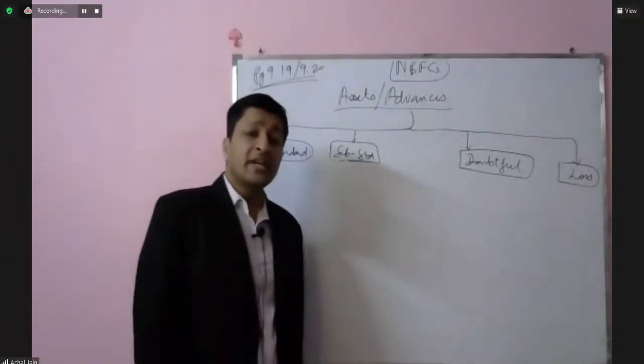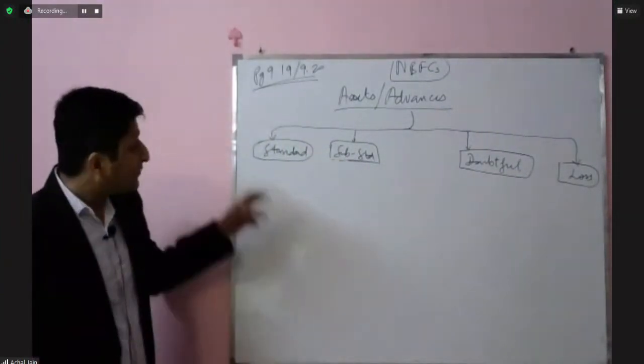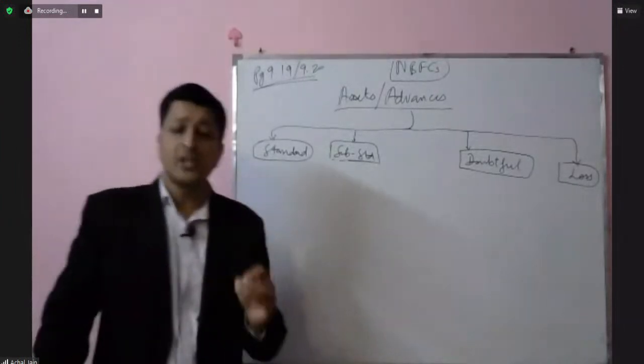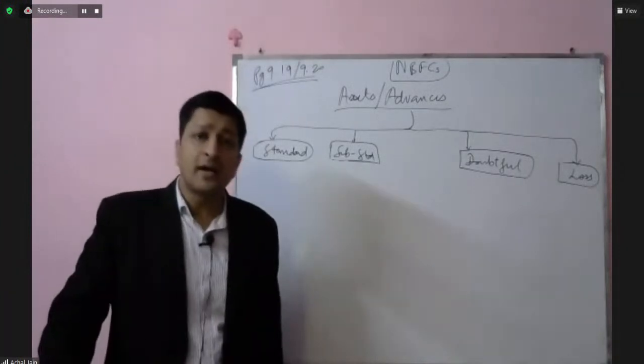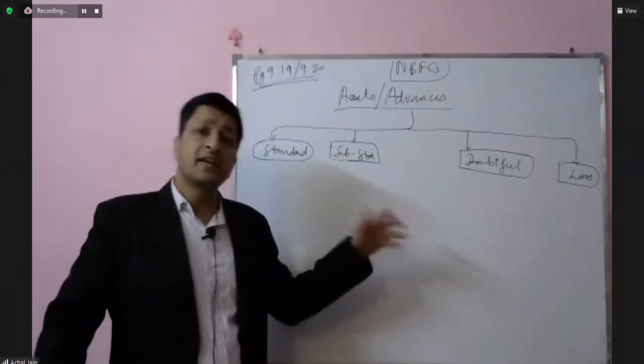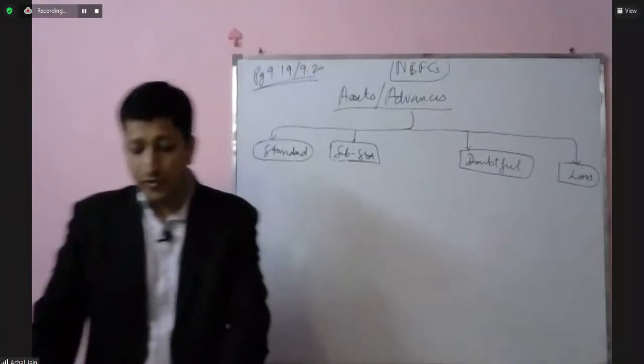Similar to what we do in case of a bank, even for standard assets, provision is required to be created. So same way we'll create a provision for NBFCs also for all these categories.